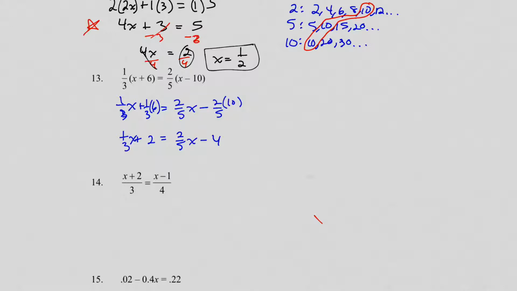So at the beginning, we can take care of this problem by multiplying everything by 15. 15 is the LCM, or the LCD, some people call it. So we're going to put 15.